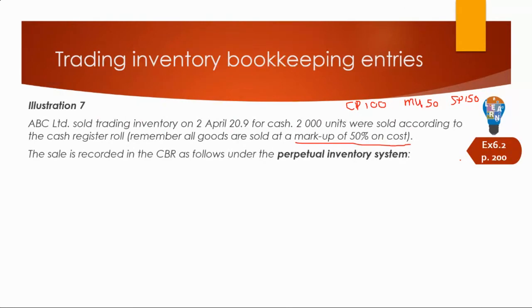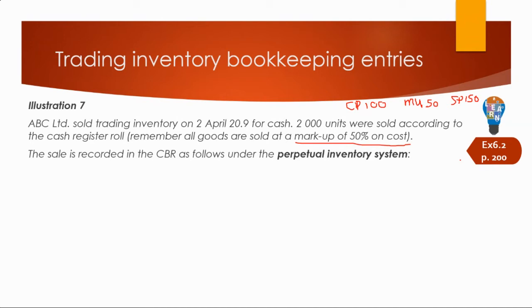Okay, so how do we record the sales transaction in the cash book receipts for the perpetual inventory system? To what column will we take the information? And how many transactions will we record? So think back, cash book receipts.